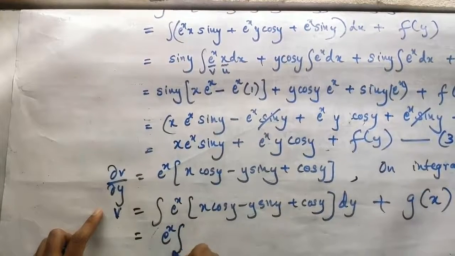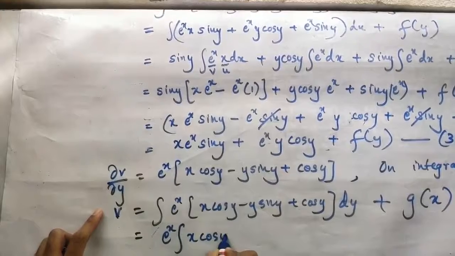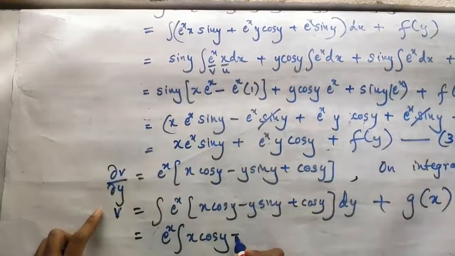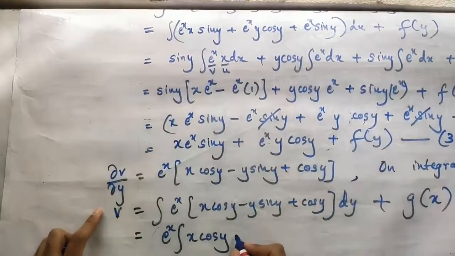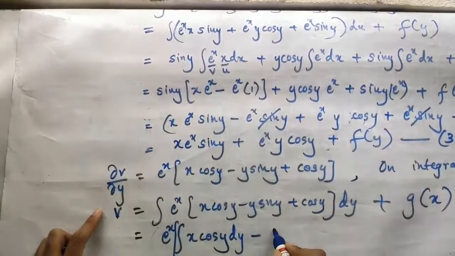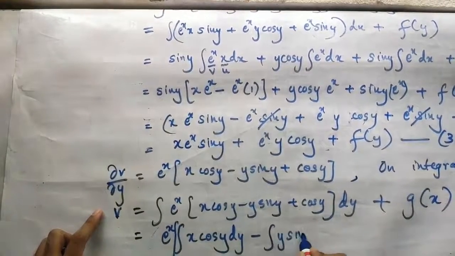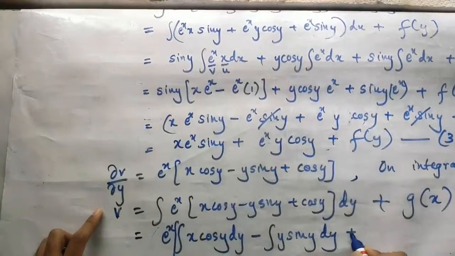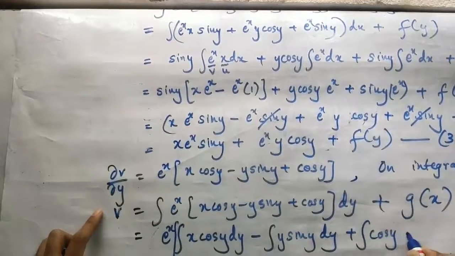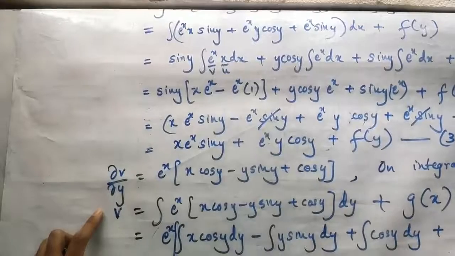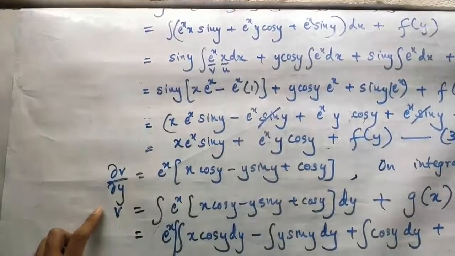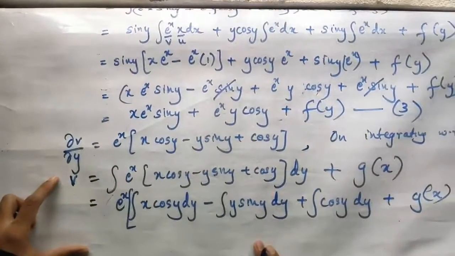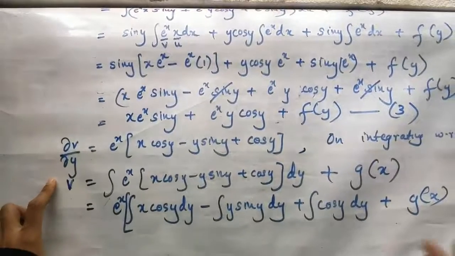Let me separate the terms as well: under integral sign x cos y dy minus under integral sign y sin y dy plus under integral sign cos y dy plus an arbitrary function of x, g of x. I hope this is clear to you.